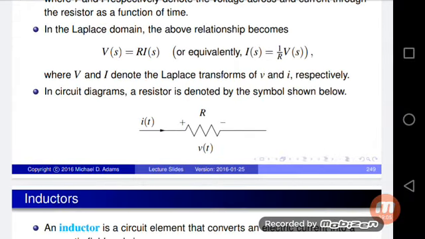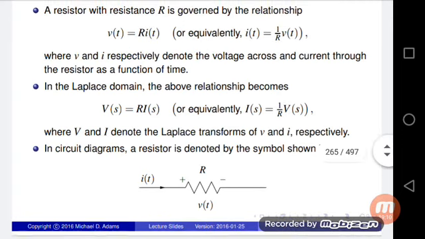Resistor: i of t, v of t. Here i of t represents the input current, and v of t represents the voltage at the circuit.